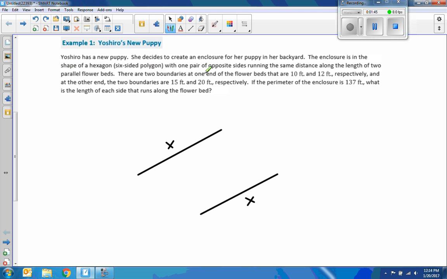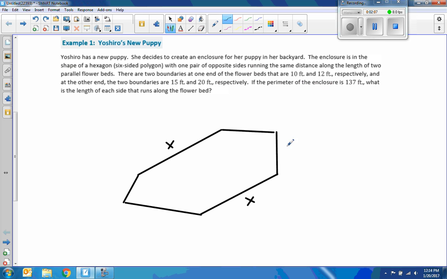There are two boundaries at one end of the flower bed that are 10 feet and 12 feet respectively. So if this comes out 10 and this comes out 12, or the other way around, and they said it's similar at the other ends. So there's our hexagon, six-sided figure.